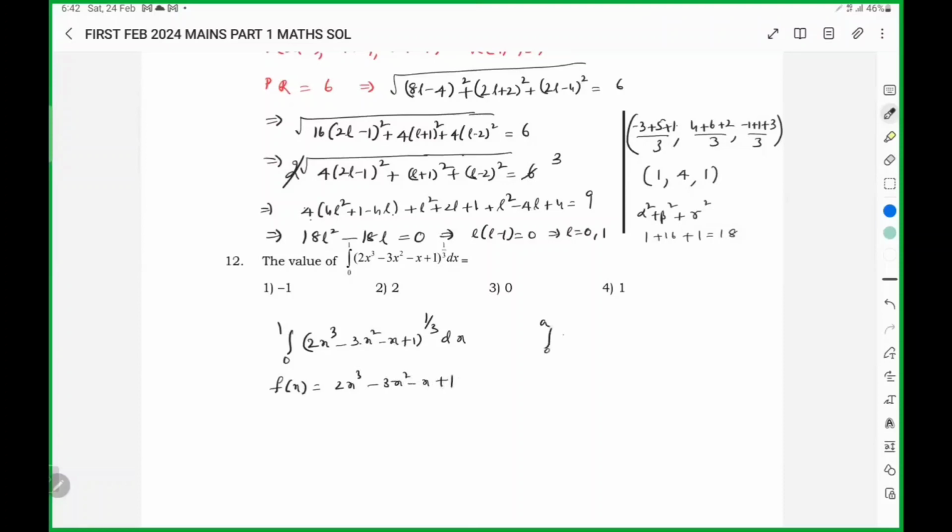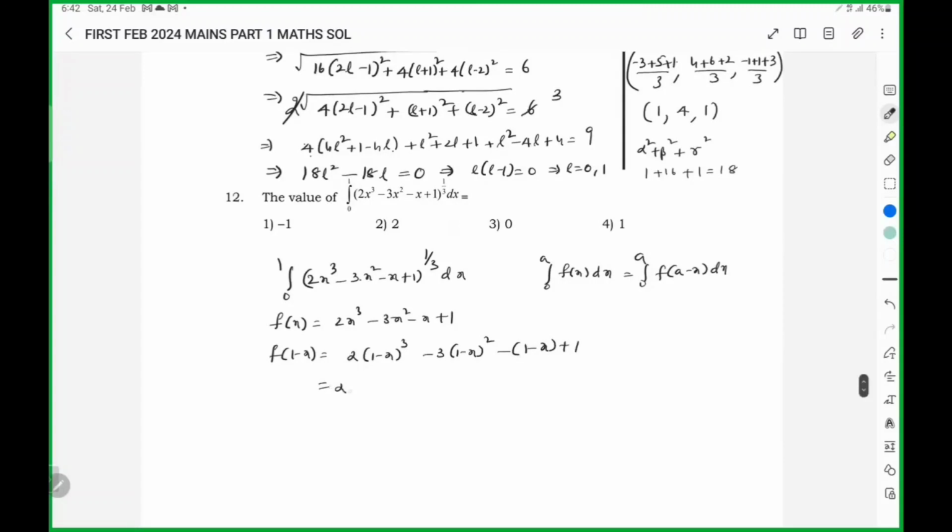Integral 0 to a of f of x dx is the same as integral 0 to a of f of a minus x dx. Let us write f of 1 minus x: 1 minus x whole square, 1 minus x plus 1, minus 3x square, 3 times 1 plus x square minus 2x.